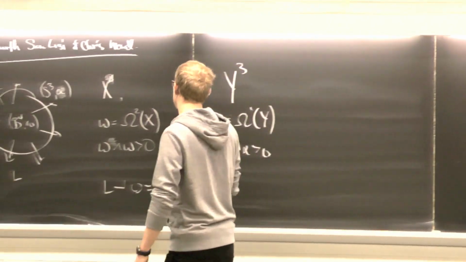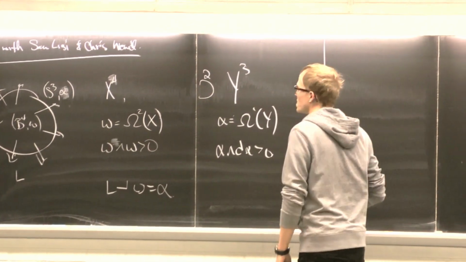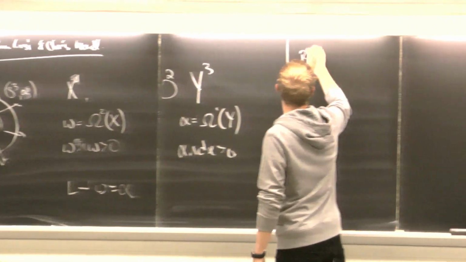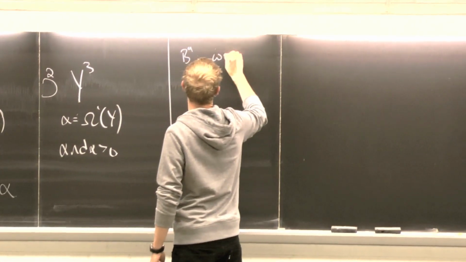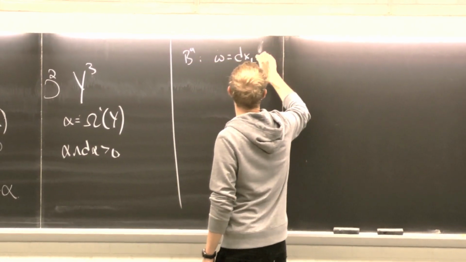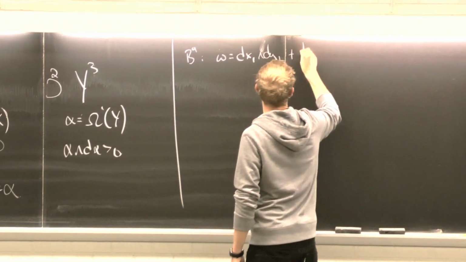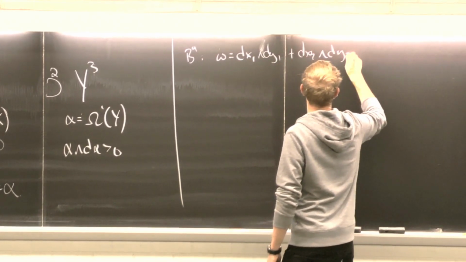Everyone knows a lot of this example, but for B4, we can take omega to be dx1 wedge dy1 plus dx2 wedge dy2.